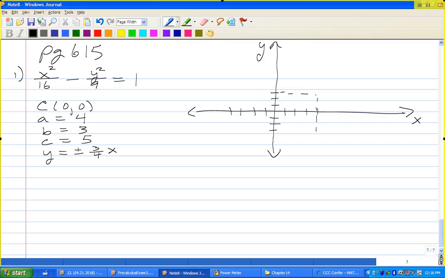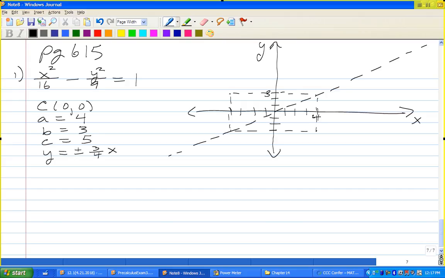Draw the bounding rectangle. Okay. So a here is your 4. b here is your 3. Draw your asymptotes, the diagonals for this bounding rectangle.